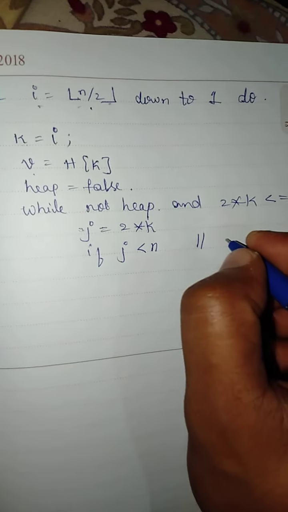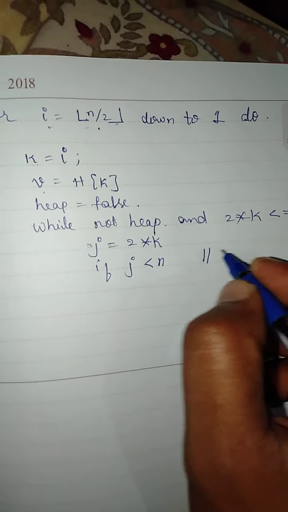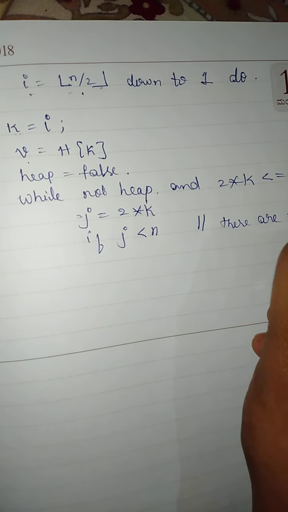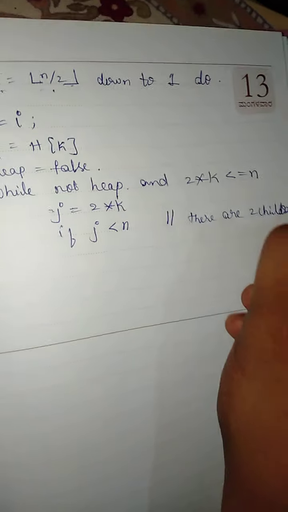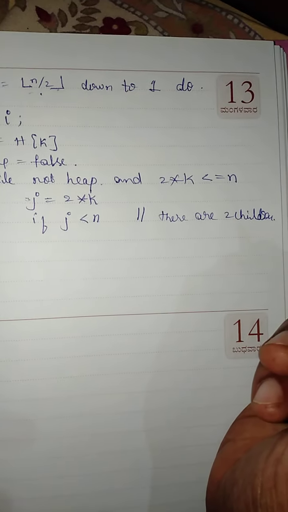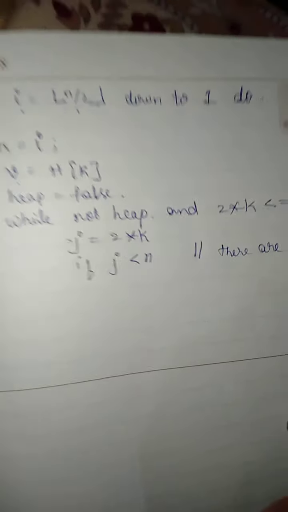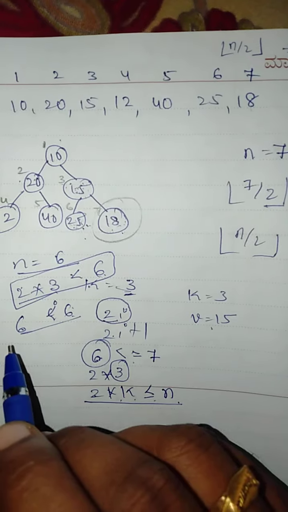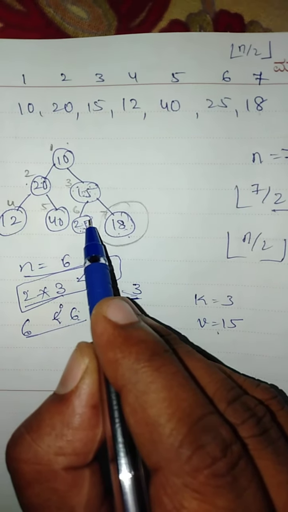Therefore if j less than n checks that there are two children, okay, right? So if there are two children, what we have to do is we have to find the maximum among them. Okay, so currently j is pointing here at 25, j value is 6.